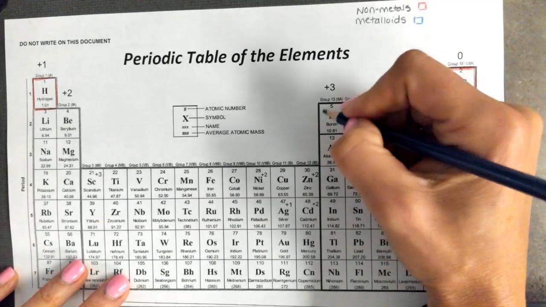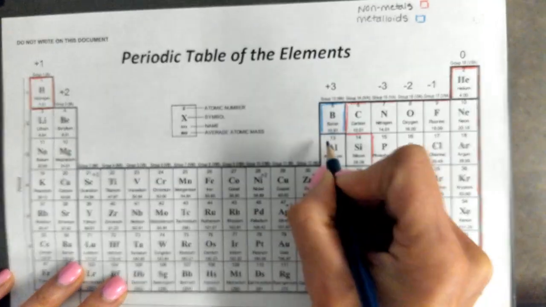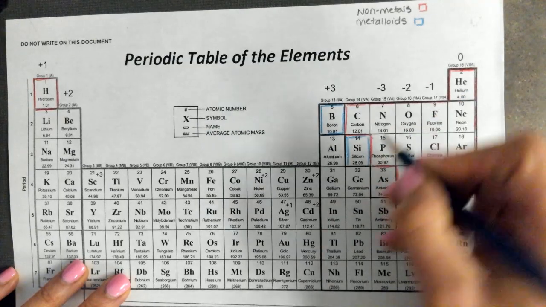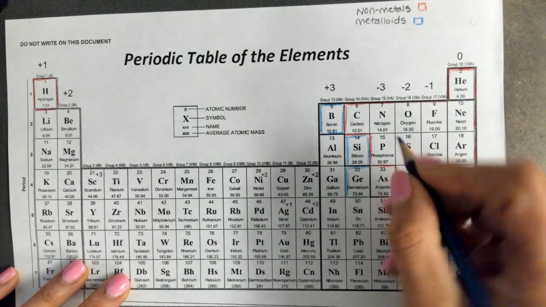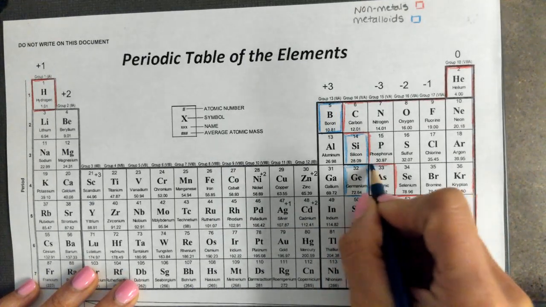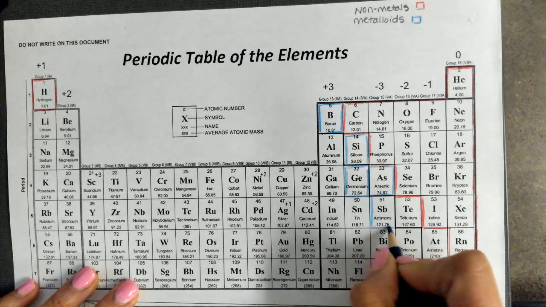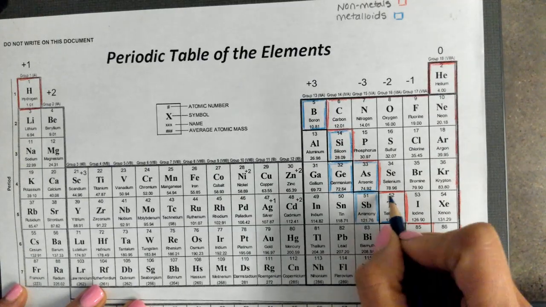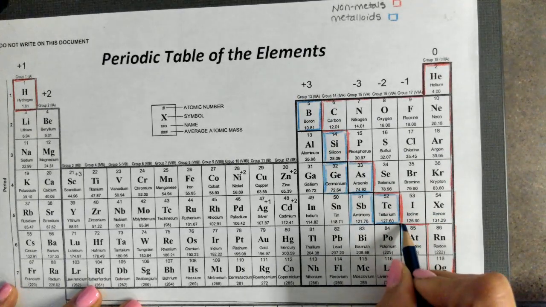All right, so with our metalloids, we have boron, boron is a metalloid, and then we've got silicon, germanium, we have arsenic, we have antimony, we have tellurium, and we have astatine.